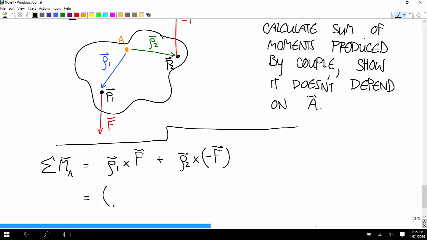Yep, good. So P1 minus A crossed with F. And how do you represent rho 2? Yep, the quantity P2 minus A crossed with negative F.